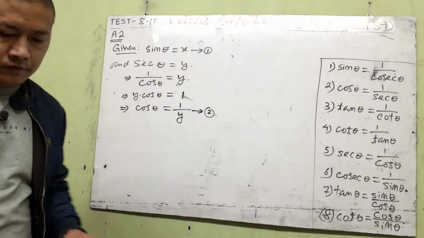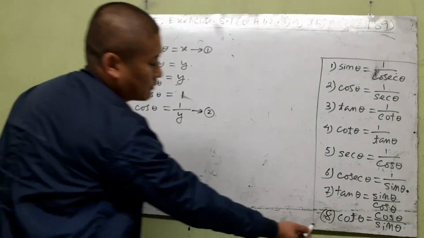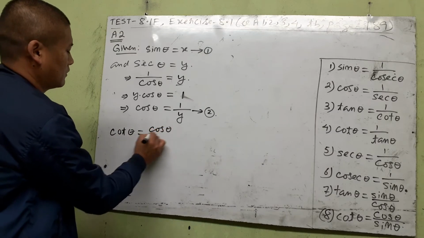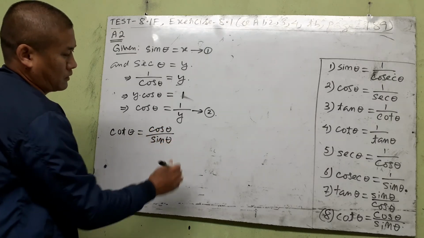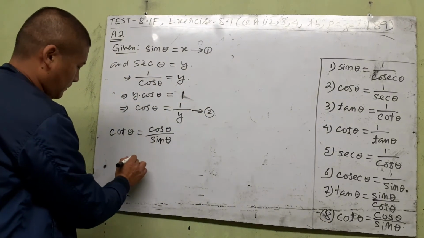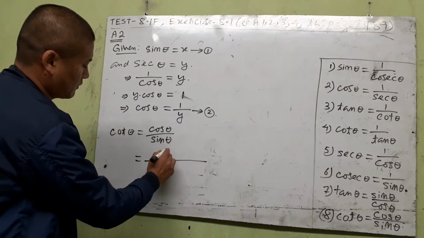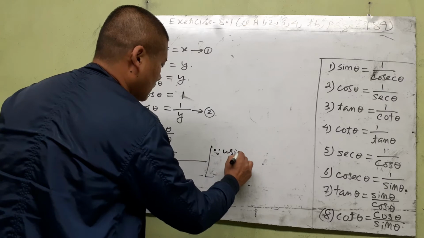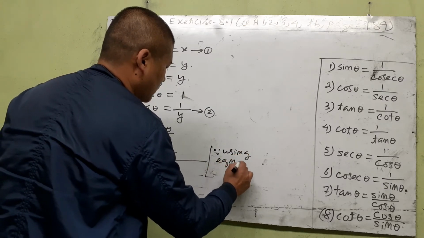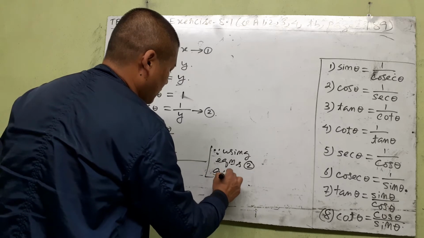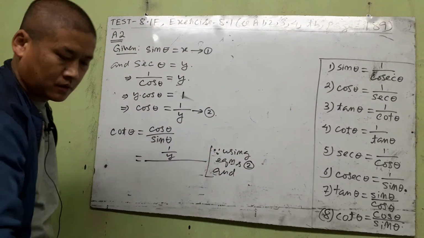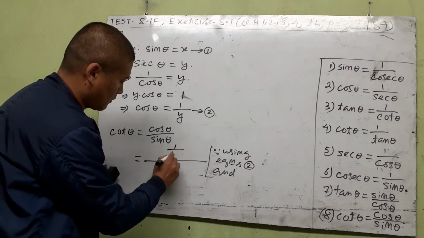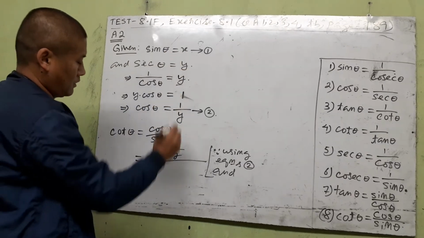Now it is very easy, we can use formula number 8. Cot theta is equal to cos theta by sin theta. Using equation 2, cos theta is 1 by y, and using equation 1, sin theta is replaced by x.